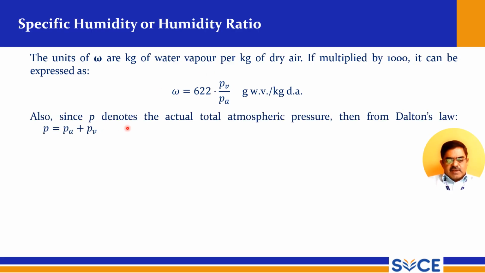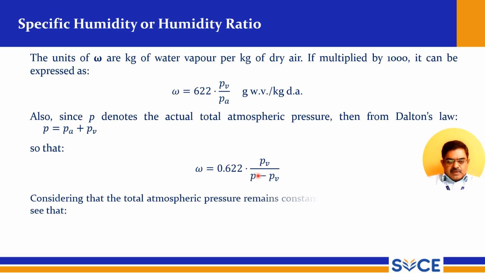Also, since P denotes the actual total atmospheric pressure, from Dalton's law P equals Pa plus Pv, so omega equals 0.622 times Pv by P minus Pv.